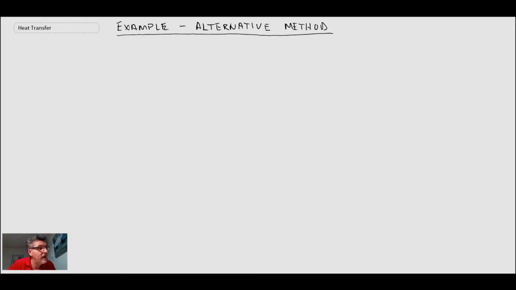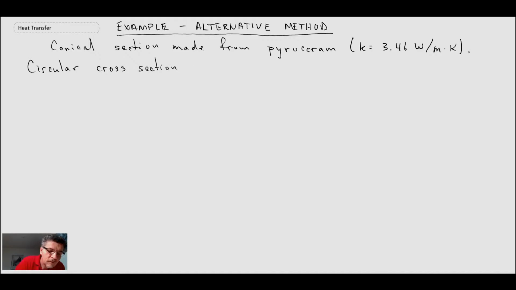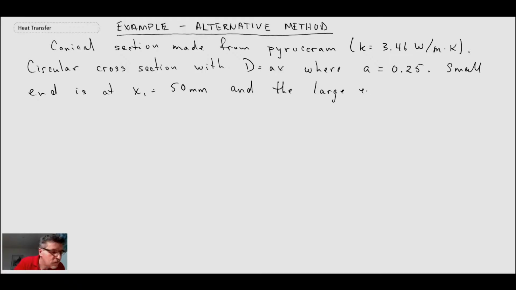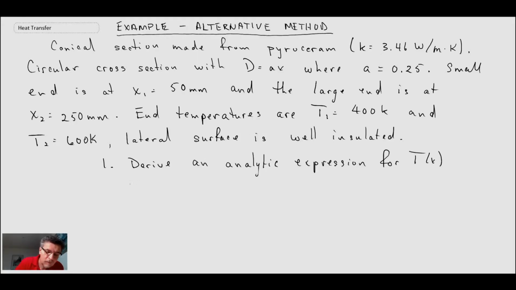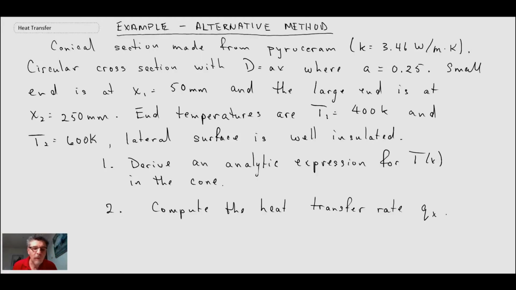So let me begin by writing out the problem statement and then we'll work through it. Okay, so there's our problem statement.